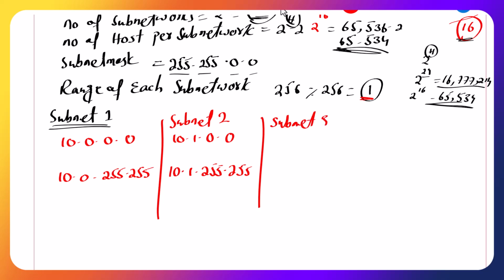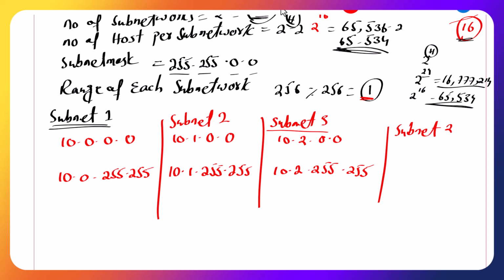Subnetwork 3: 10.2.0.0, 10.2.255.255. Subnetwork 4: 10.3.0.0, 10.3.255.255. Okay, it's not 0, 0, it's 255.255, so this 3 will become 4, and the next subnetwork will start.